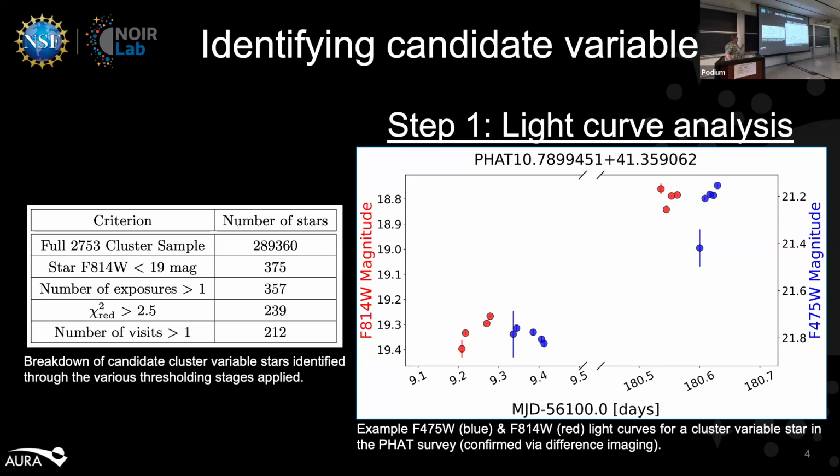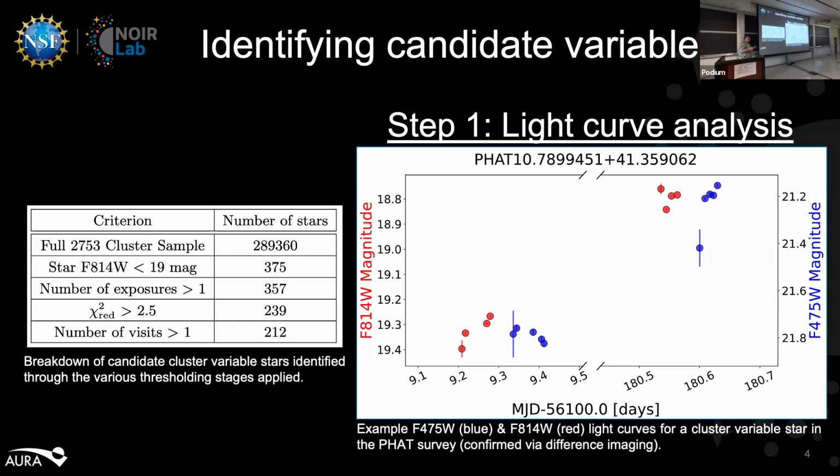But for this work, the table on the left runs through the constraints that we applied to the PHAT survey to narrow down the number of stars to those within clusters.